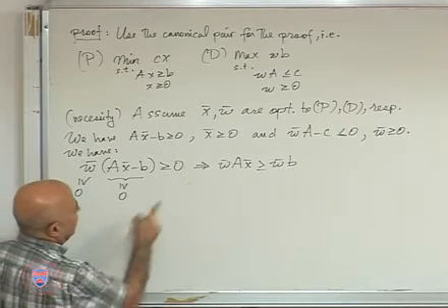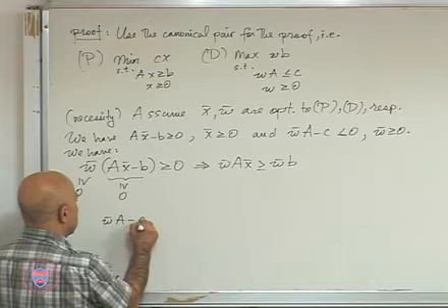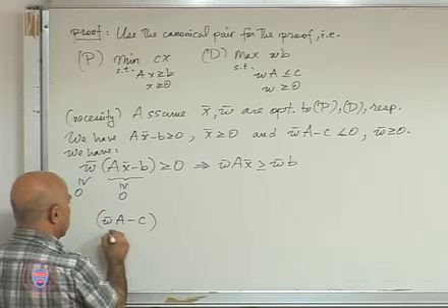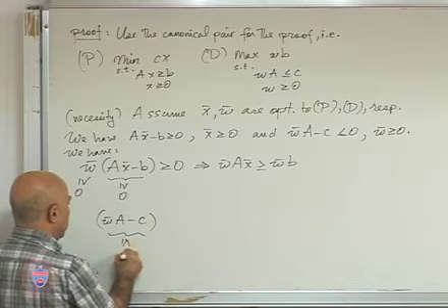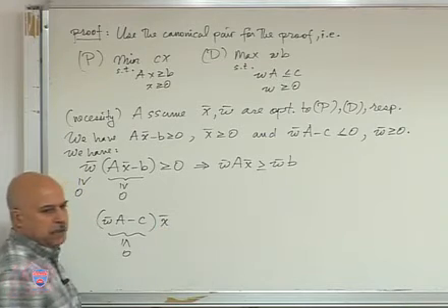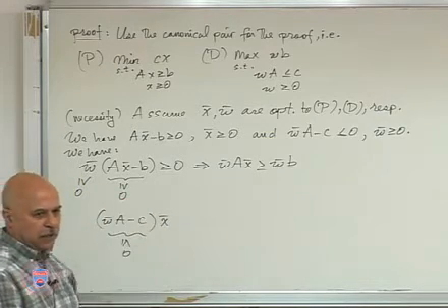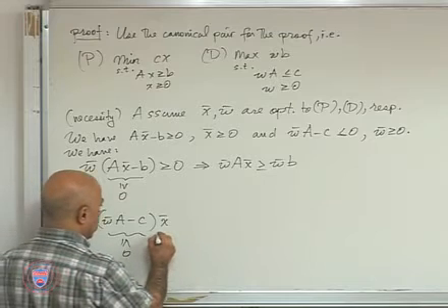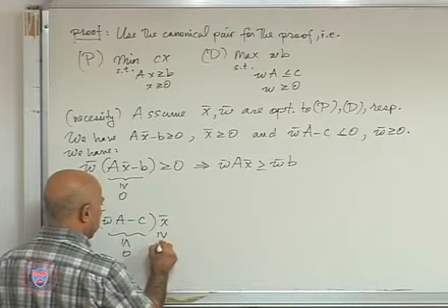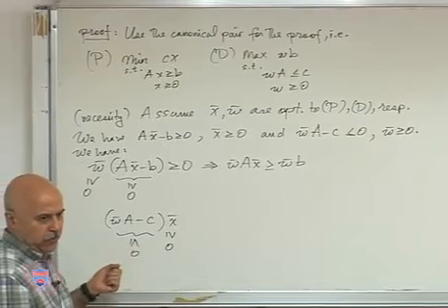And let's also take the other one, w bar A minus C, which we know is less than or equal to 0. Let's multiply this with x bar. So this is again a dot product, a row vector times a column vector. And I know x bar is non-negative. So the outcome of this will be less than or equal to 0.